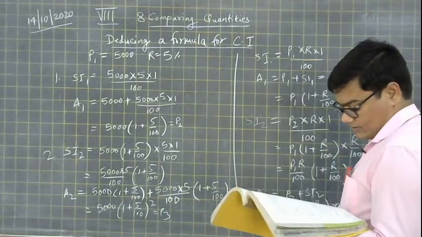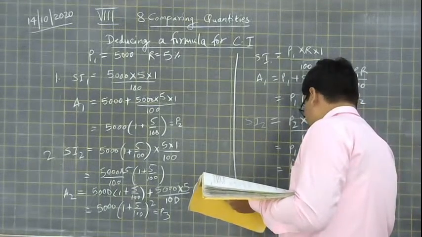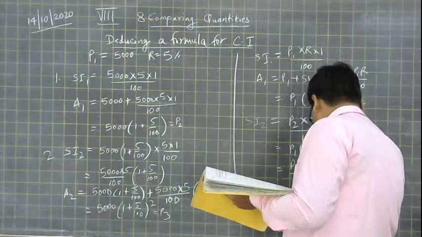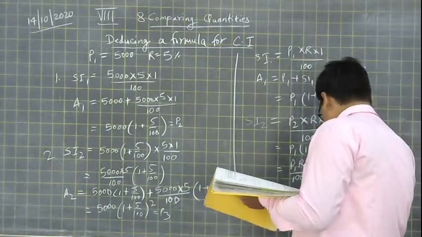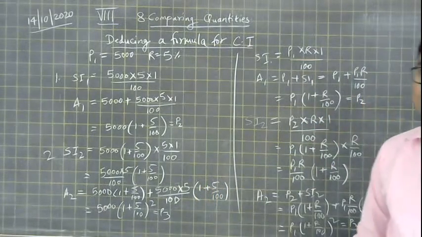Then we can write it like this: P1 into 1 plus R upon 100 square. This acts as P3.